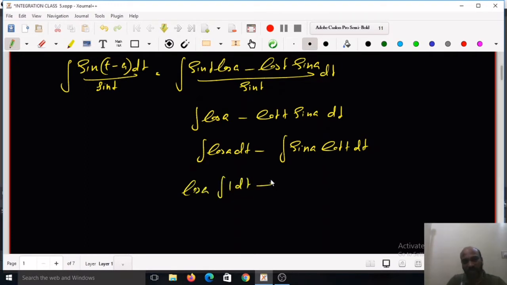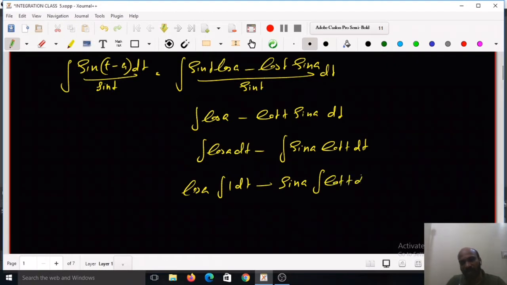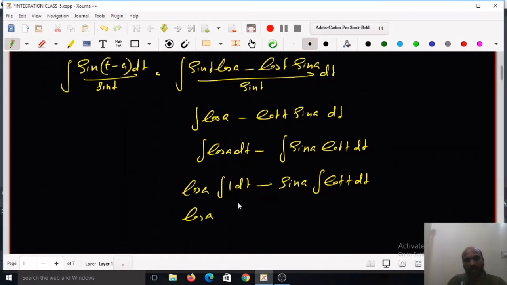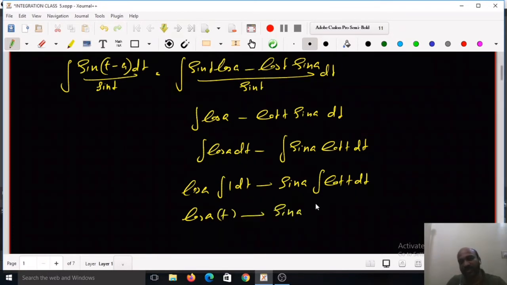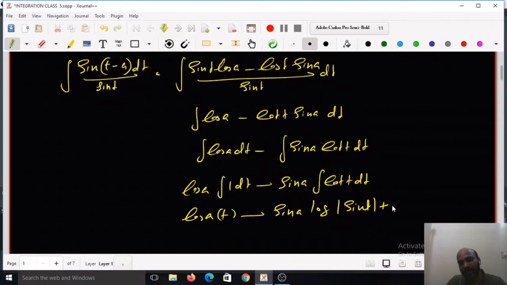From the second term, minus sin a is a constant, so we can take it outside, into integration of cot t dt. So we get the answer as cos a into integration of 1 dt, which is t, minus sin a into, what is integration of cot t? That is log mod sin t, plus c.